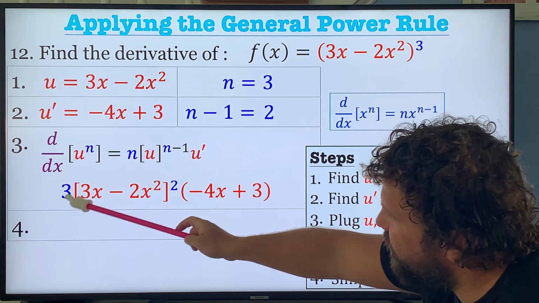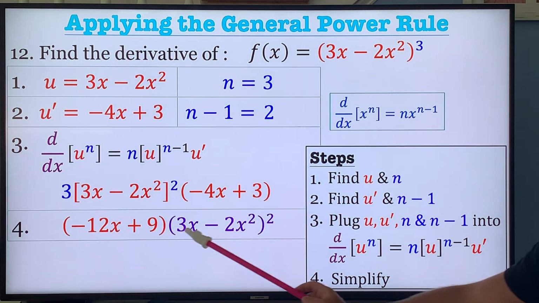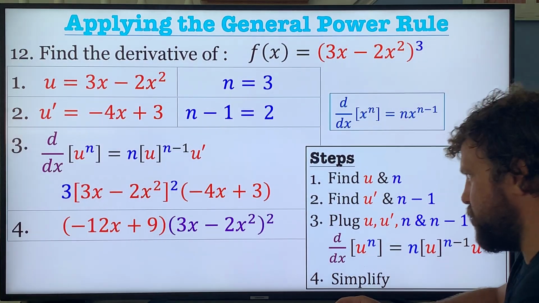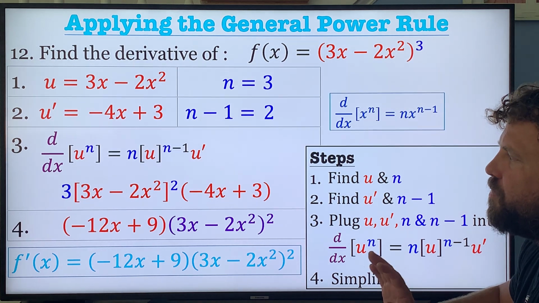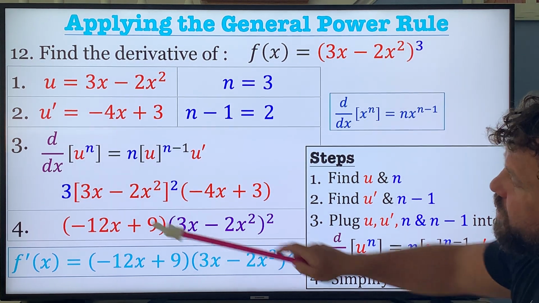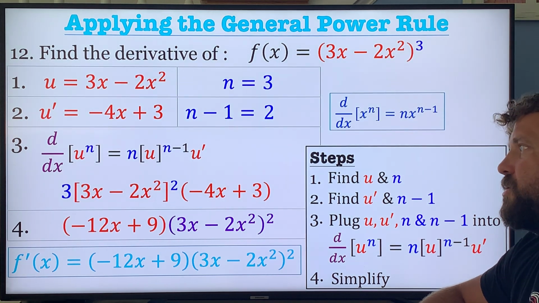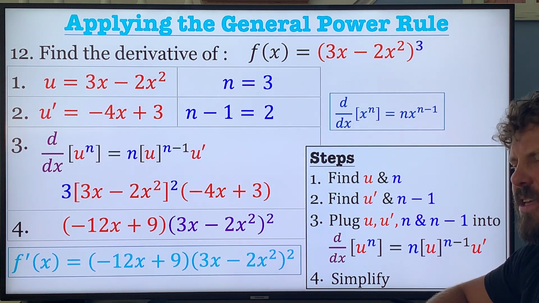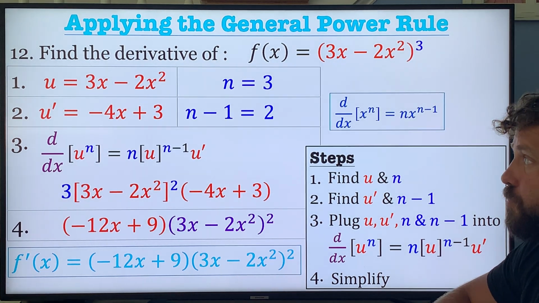The only way really to simplify this is take the 3 and distribute it to those two. So you get negative 12x plus 9 times 3x minus 2x squared. That's your answer. All right? The biggest difference here is you're just plugging everything in at the same time as opposed to different times. Like I said before, not a huge fan of this method, but hey, maybe you are.